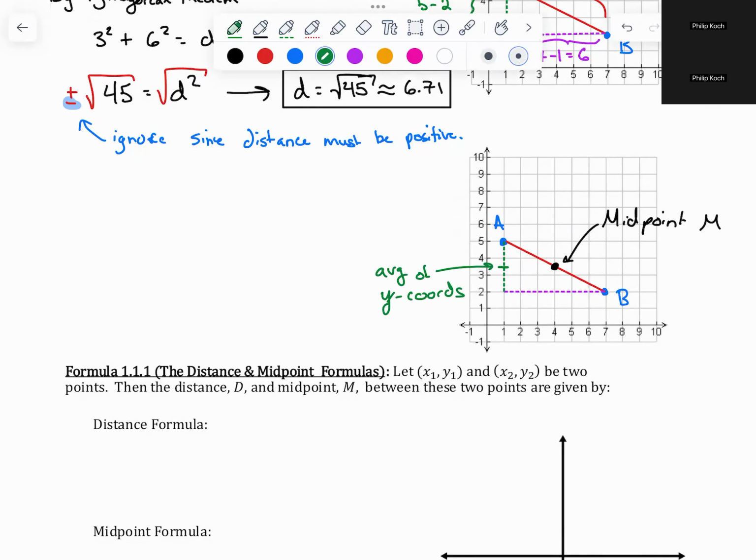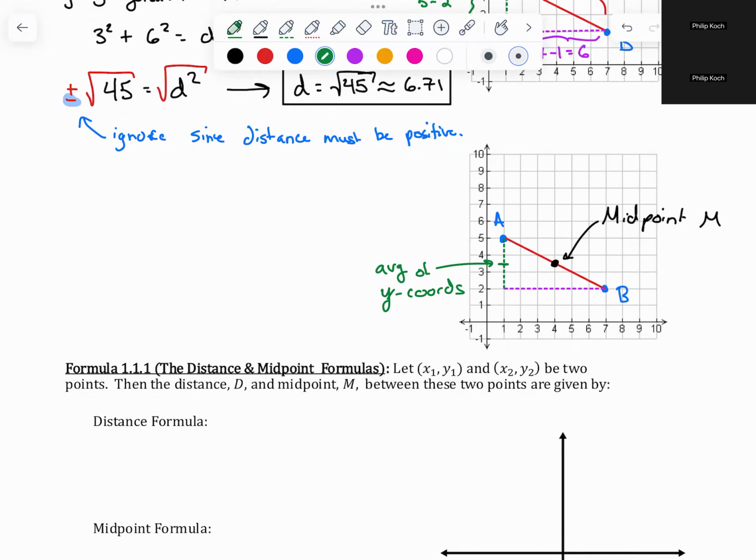That is, the y coordinates are 5 plus 2 divided by 2, which is 3.5. So the y coordinate of the midpoint is 3.5. You take the average of the two y coordinates, 5 and 2, and you get 3.5.